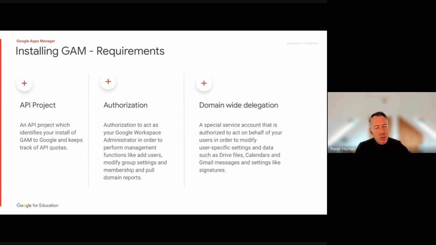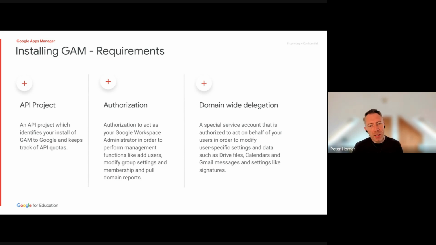In terms of installing and setting up GAM, there are a couple of ways of going about this. The first way, the traditional way, is to download GAM onto your desktop or onto your Cloud Shell, which is what we recommend. And then you need to create a new API project. This is just a way of identifying your install to GAM. Once you've got that API project set up on Google Cloud Platform, you then need to authorize GAM to work with Google Workspace to be able to add things like users and create groups.